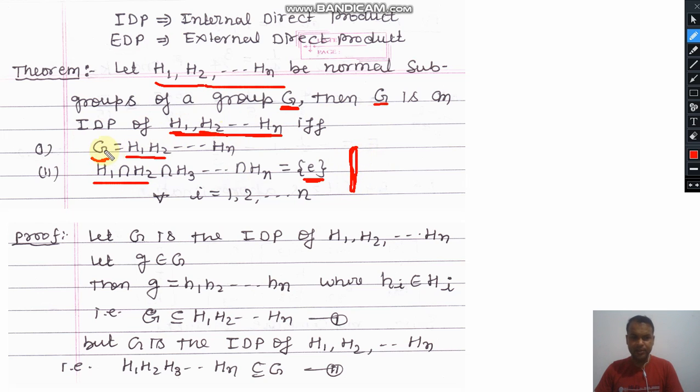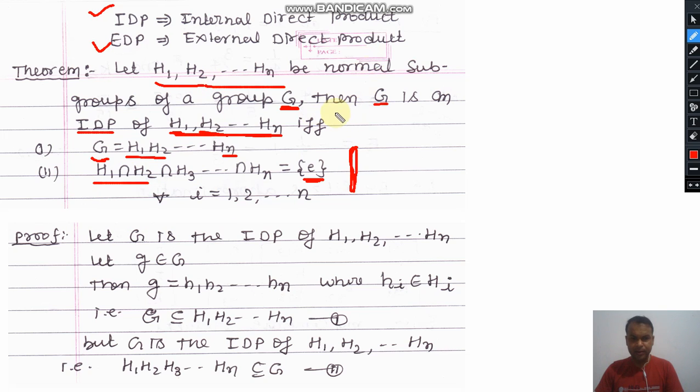It means G will be the product of H1, H2 up to Hn, and their intersection will contain only a single element, the identity. Here IDP is used for internal direct product and EDP is used for external direct product, and the definitions of both have been discussed in previous lectures. So let us start the proof of this theorem.